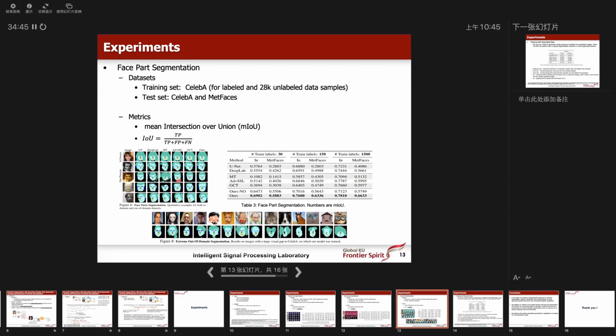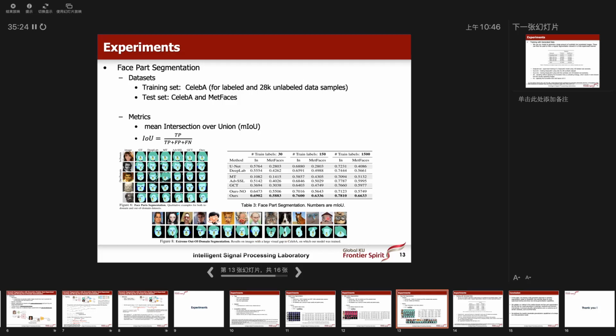And here is the qualitative result of the proposal and the other methods. Below, here is an example when testing the proposal on extremely out-of-domain datasets. For example, there are cartoons, and even animal faces, the cat, the dog, and the horse, and it can achieve the segmentation to some degree.